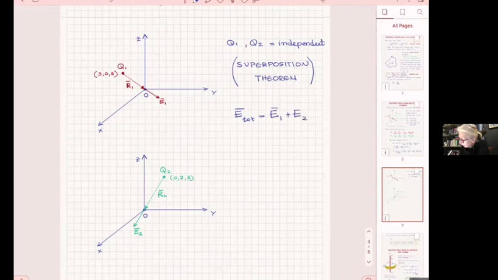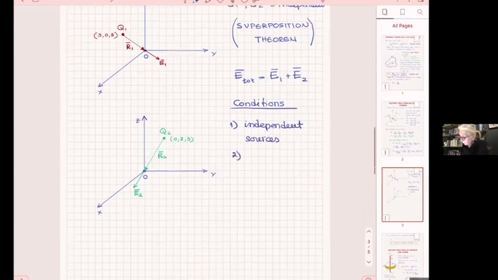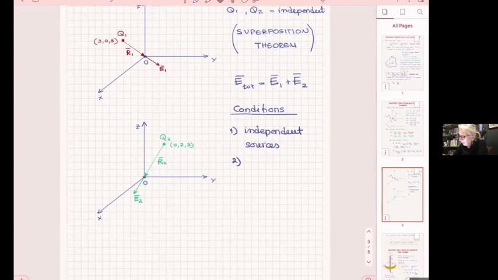What are the two conditions for superposition? Conditions to apply superposition. There are two important conditions. Number one, independent sources, which we already said. What is number two? Who can tell me? When can we apply superposition?